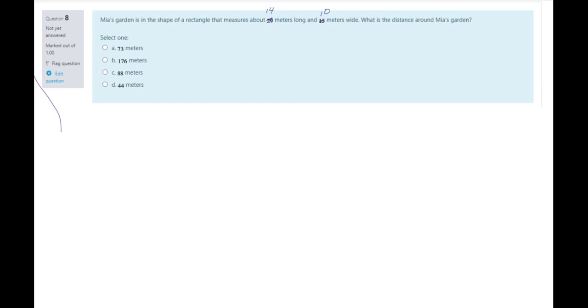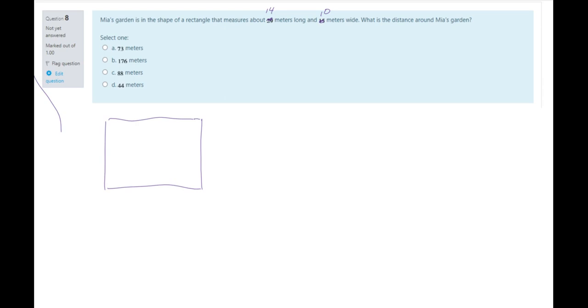So this question here, we've got a garden and it's shaped like a rectangle. Anytime we're doing a question, I'm drawing stuff out and thinking about it. It says the rectangle measures 14 meters long and 10 meters wide. And I've changed it from the original question. What's the distance around Mia's garden? If I've got a garden that's shaped like a rectangle, I know how to draw a rectangle.